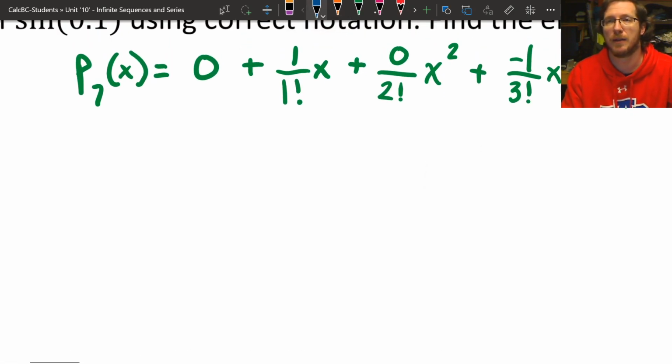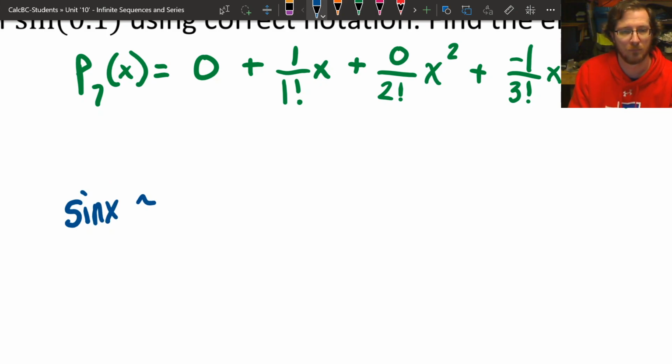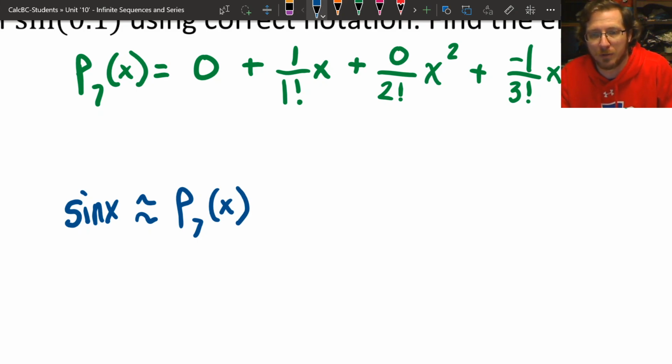Again, this is our approximation for sine of x. So we can say sine of x is approximately our 7th degree Maclaurin polynomial. That doesn't mean that it's got 7 terms. We just go out to the term with the 7th degree. This one's just a 0. We don't need to write that.